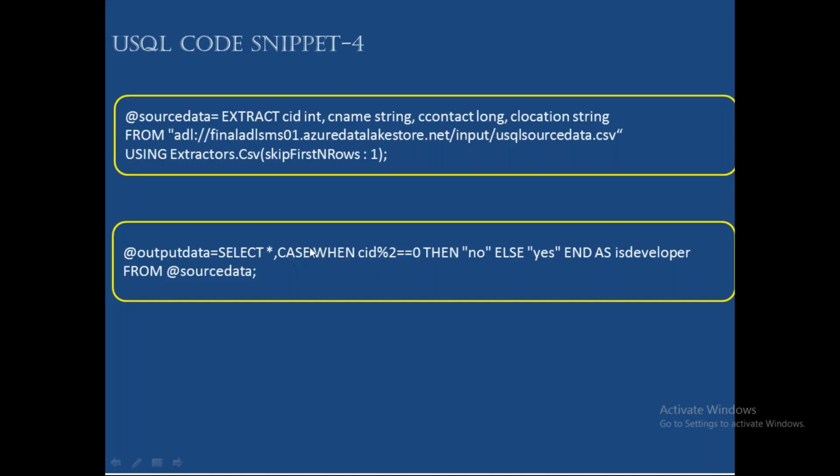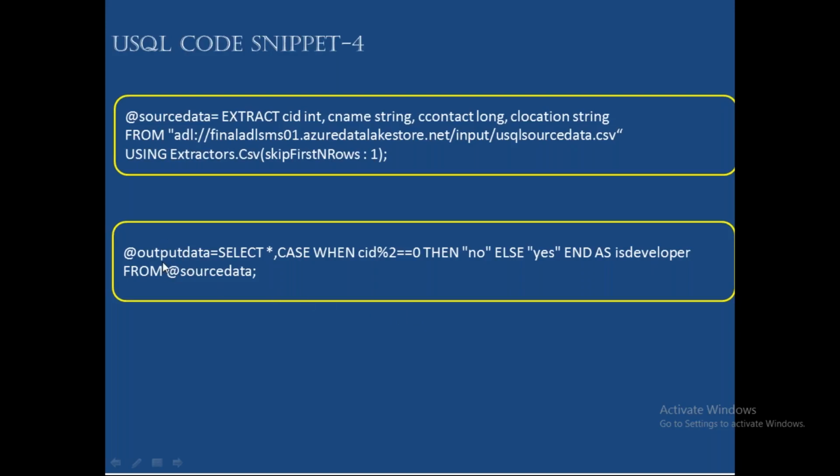So for that, case when CID modulo 2 equal to 0, then no, meaning if the customer ID is even number, he is not a developer. Else, otherwise, yes, he is a developer. Okay, case statement is ended. This entire column I'm giving the new name as is developer, meaning alias name. So for this entire case statement, I'm giving the column name as is developer.